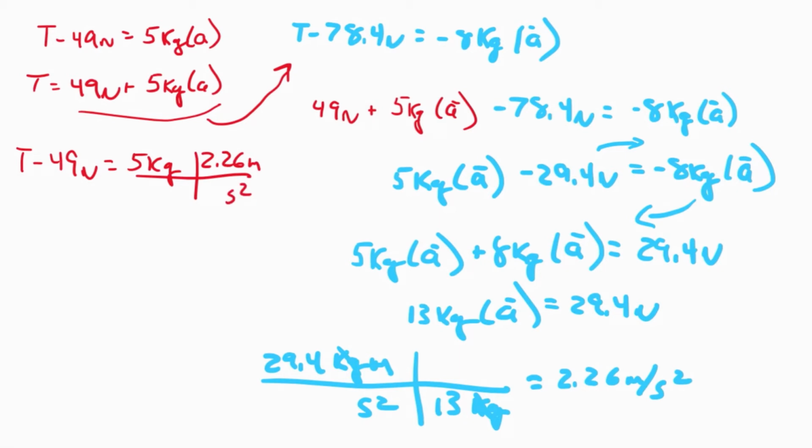Works out to be 11.3. So T is going to equal 11.31 newtons plus 49 newtons. T is going to equal 60.31 newtons. Now I rounded a little there, but it should be okay.